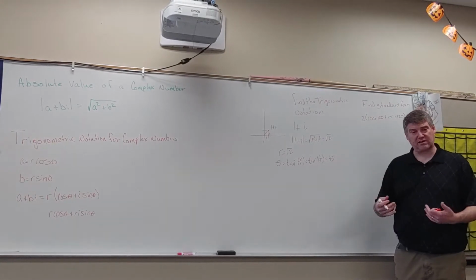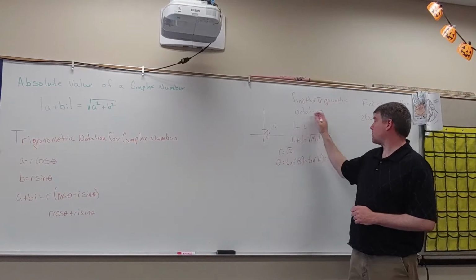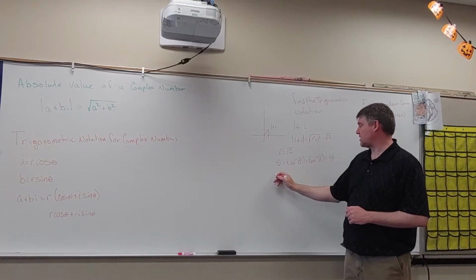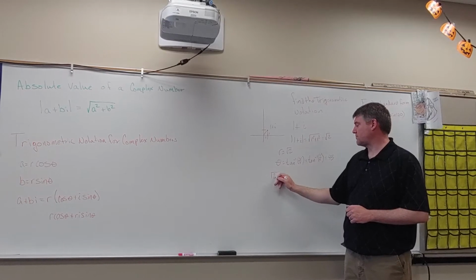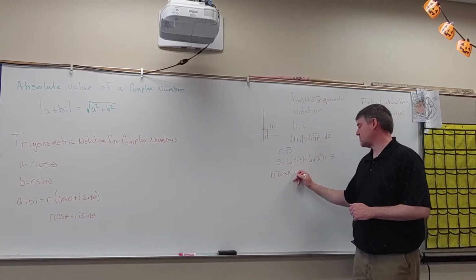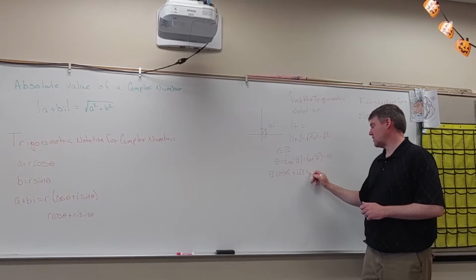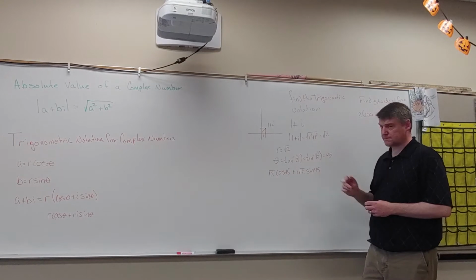If I was in radians, it would be pi fourths. So now my trigonometric notation here is going to be the square root of 2 cosine of 45 degrees plus i square root of 2 sine of 45 degrees.